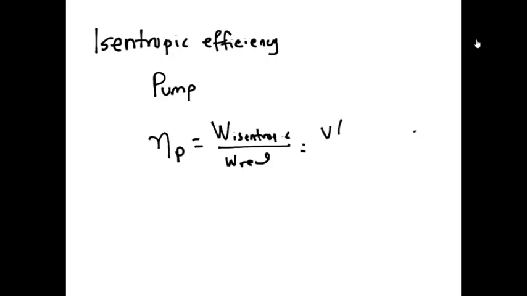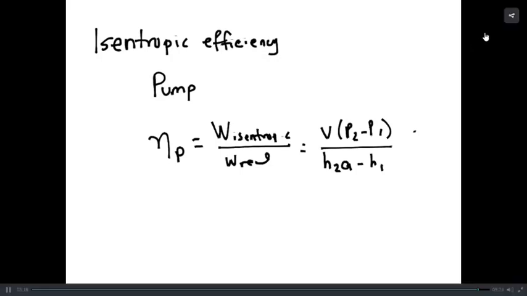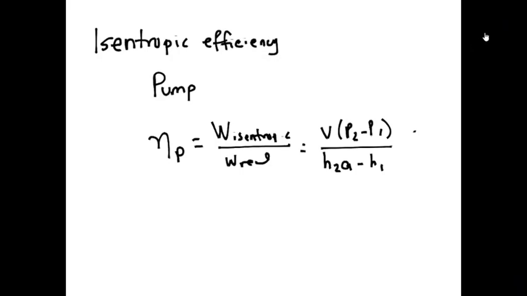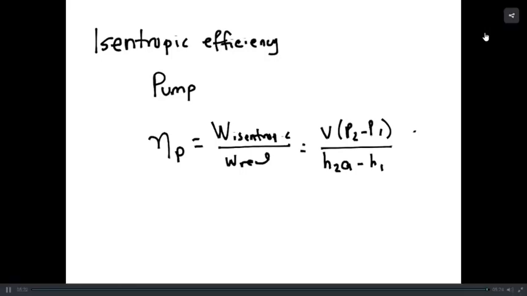The isentropic work is V times (P2 minus P1), not taking into account any potential energy, kinetic energy, or heat, over the real work, which is the actual change in enthalpy that the process does in the pump. So we have discussed the isentropic efficiencies here.